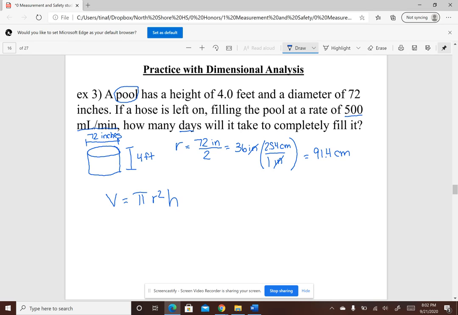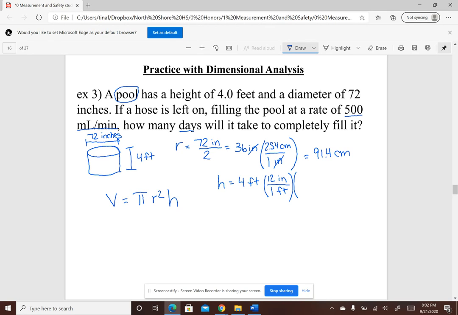My height, I'm going to need height for my volume equation too. So they gave me 4 feet as my height. I want to get 4 feet to centimeters. So I have to convert feet to inches first. So there's 12 inches in 1 foot.